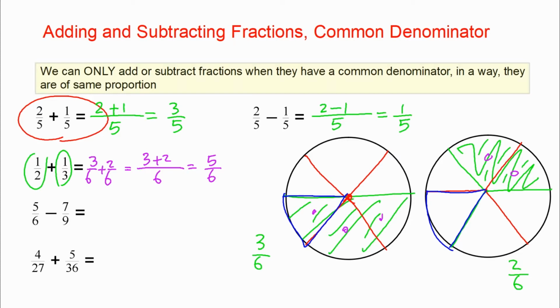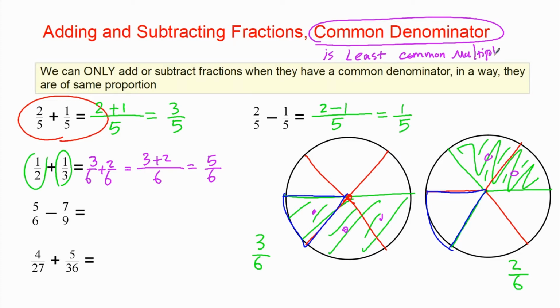But a more streamlined way of finding the common denominator is that the common denominator is the least common multiple of two numbers.